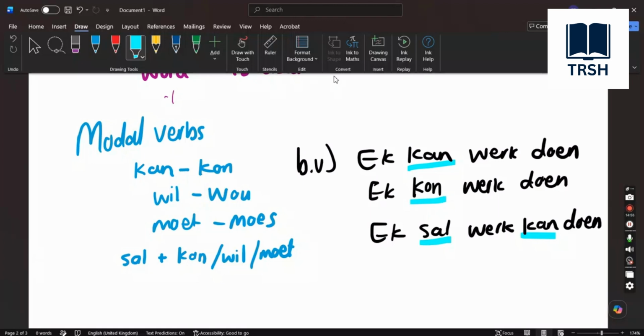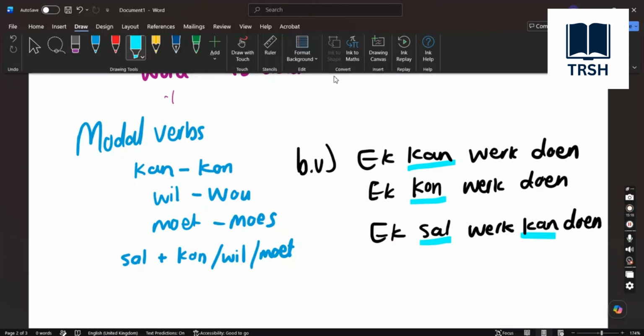So that is what I mean when we're talking about modal verbs. Okay, there are incidences where you'll have to change, and again it goes back to what I mentioned earlier. It's rules. There's always going to be rules, and this is one of those rules.